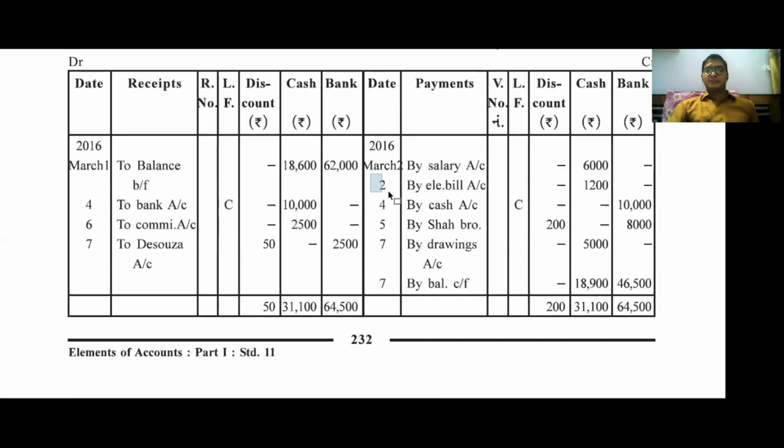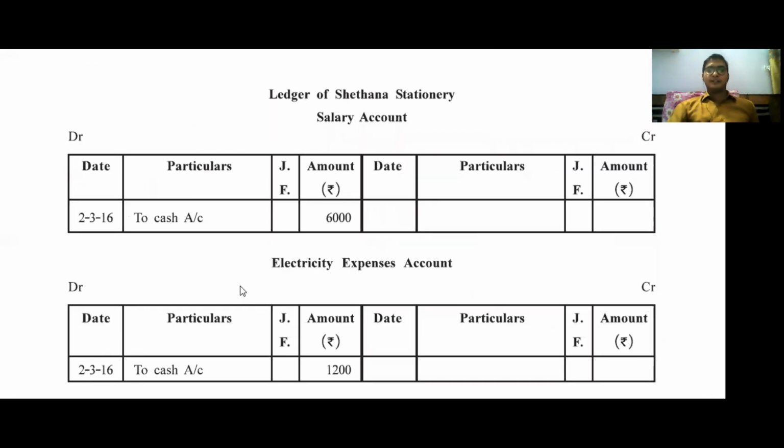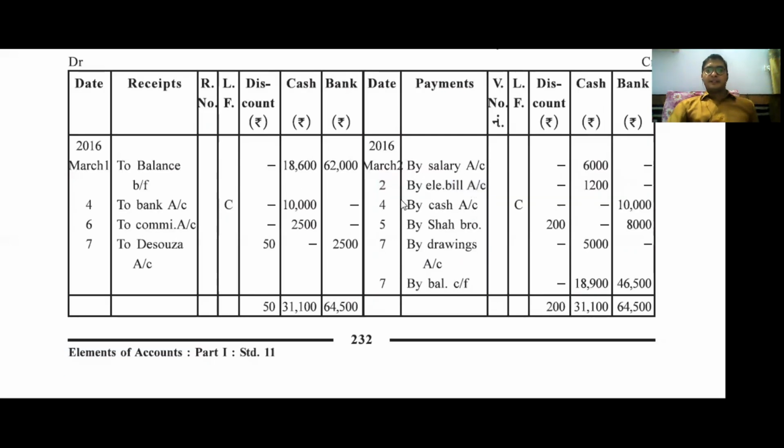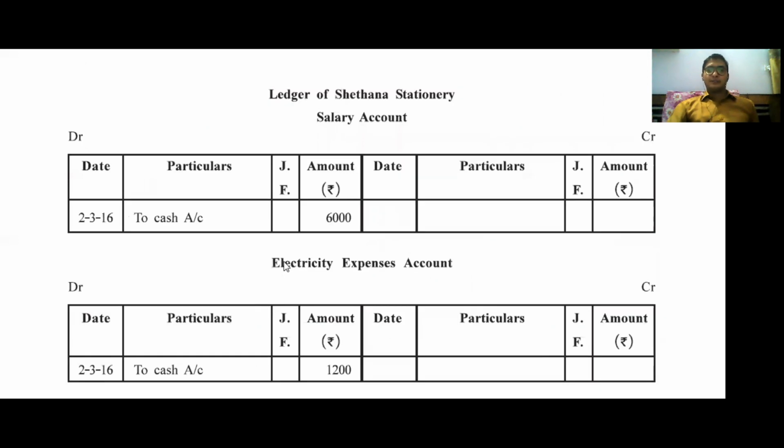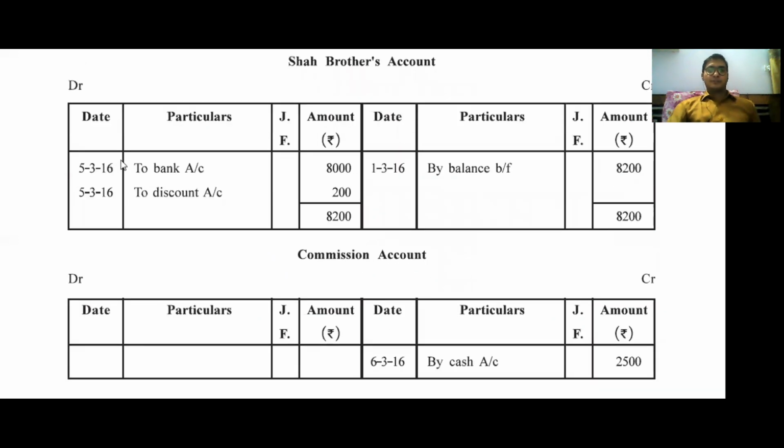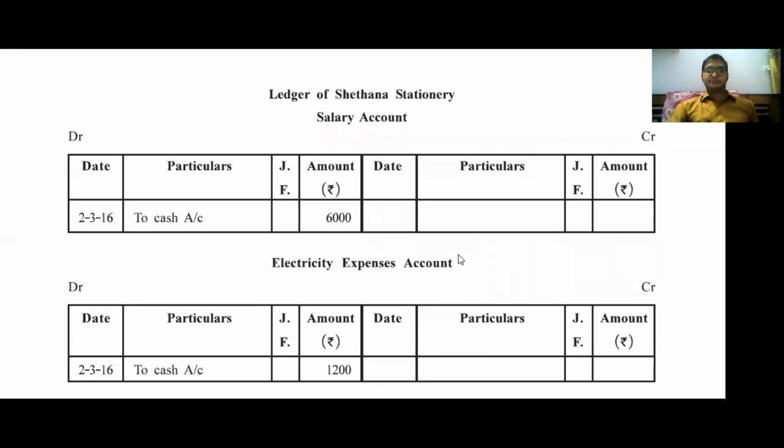Then after, date 2 it is electricity expense. So in the electricity account date 2 amount for 1,200. Got it? Then after, no entry for cash. Shah Brothers total 8,200, but 200 for discount and 8,000 for bank. Shah Brothers 8,200. Got it?